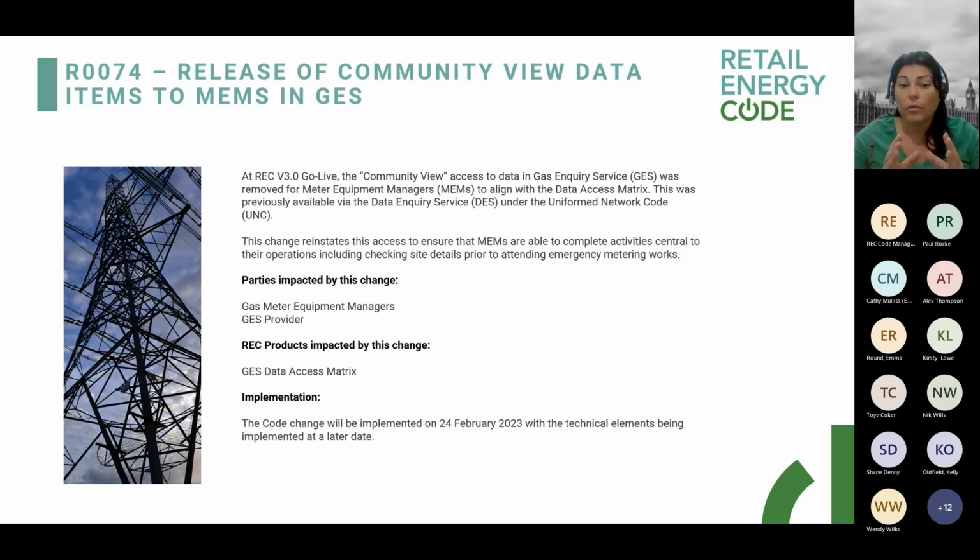The planning for the release, the technical element of that release, will start on the 27th of February, so after the change has been approved, at which point, once that planning has been complete, we will then publish via an updated release plan that will be made available on the REC portal, the technical implementation date. And that is all I need to tell you on R74 as well.